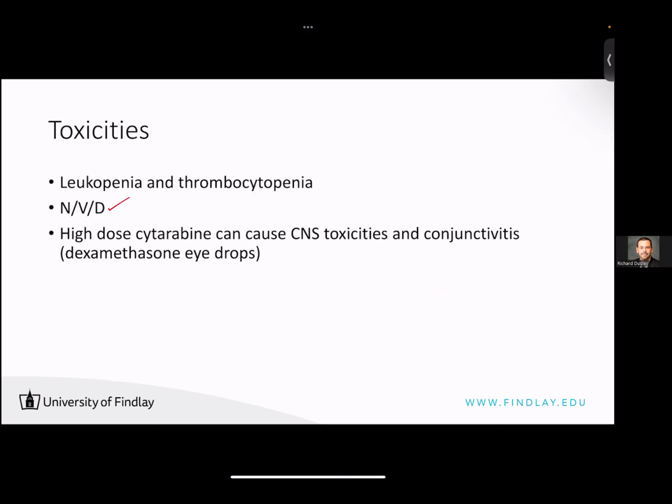I'm sure there are other adverse effects, but again, too, owing to the fact that the purines aren't used all that often, and we'll spend more time talking about drugs like cytarabine and gemcitabine later on, we won't spend too much more time on it. Okay. All right. What else do I want to say? I think that's all I'm going to really say about the purine and pyrimidine derivatives at this point in time.